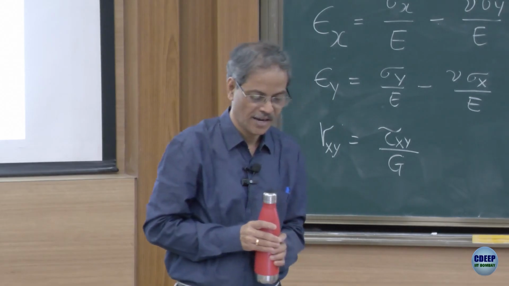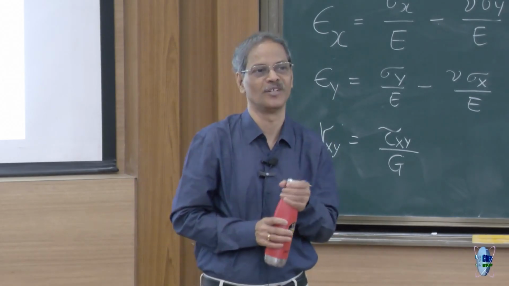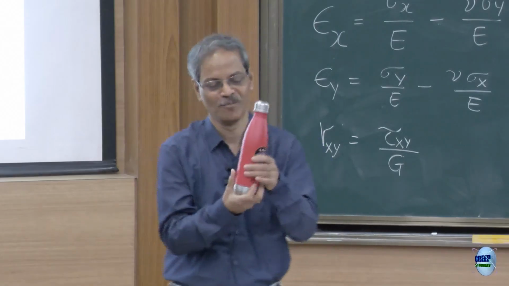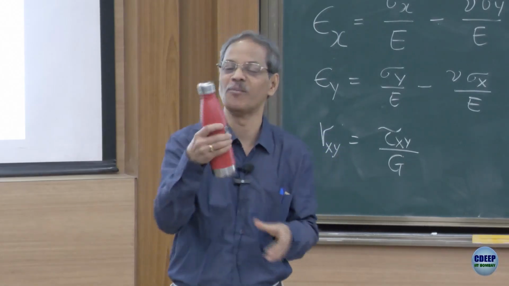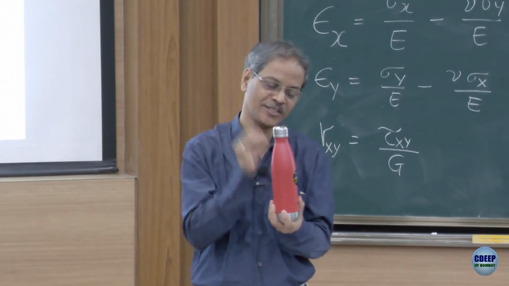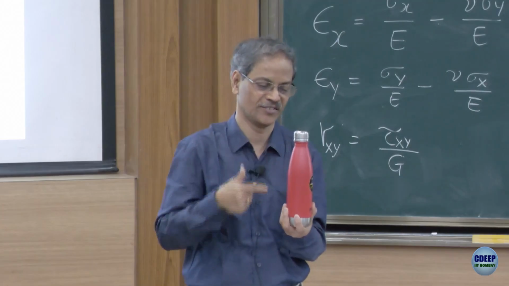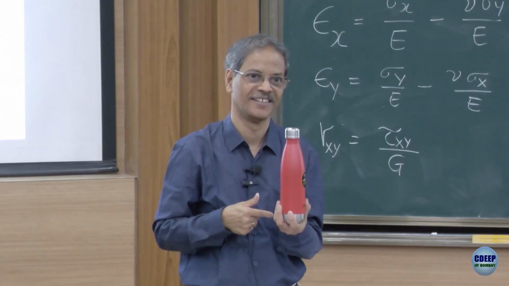Okay. But if the material is axisymmetric, boundary conditions are axisymmetric, geometry is axisymmetric, but say it is not subjected to internal pressure only, it is subjected to some force like this.